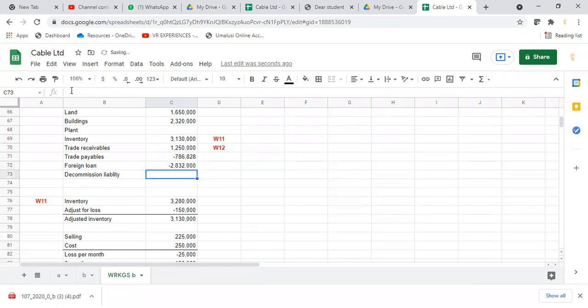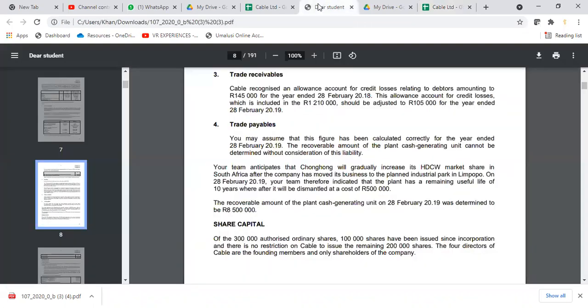Okay, and now we must do the decommissioning liability. So let's have a look. What do they say about the decommissioning liability? So below note number 4 under trade payables, there's some information given to us over there. They say your team anticipates that Changhong will gradually increase its HDCW market share in South Africa after the company has moved its business to the planned industrial park in Limpopo.